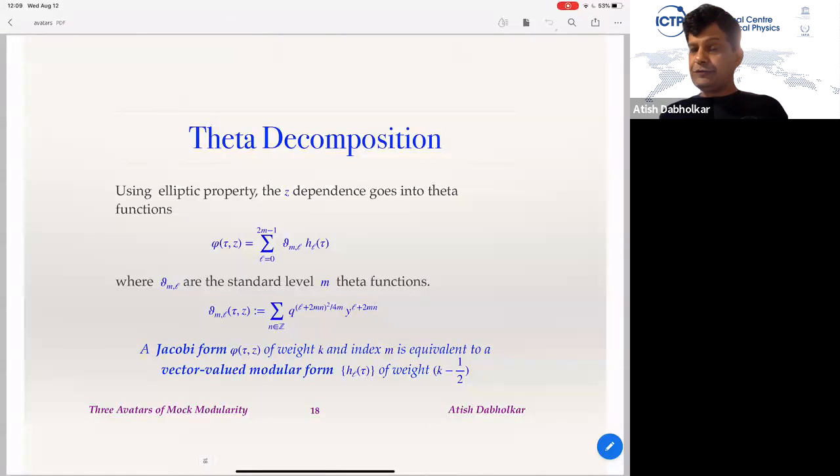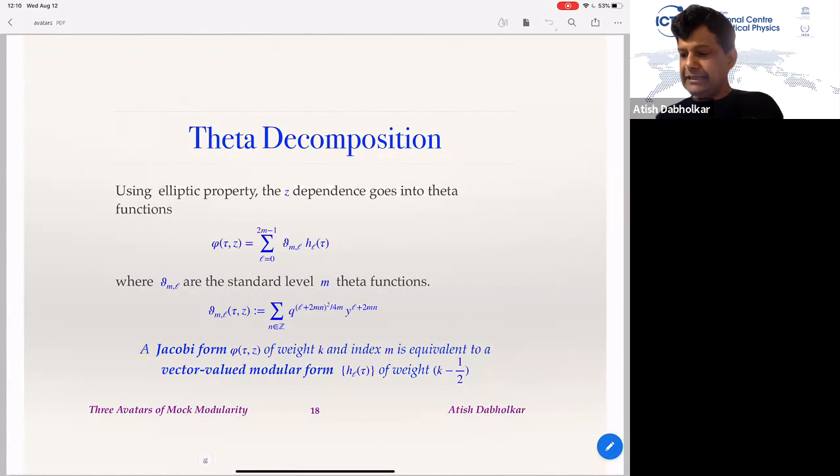But there is another useful way of thinking about Jacobi forms in terms of the theta decomposition, basically using the elliptic property, which is essentially translation in a plane, right? A two-dimensional torus is thought of as a complex plane divided by a lattice, and these are the translations of that lattice.